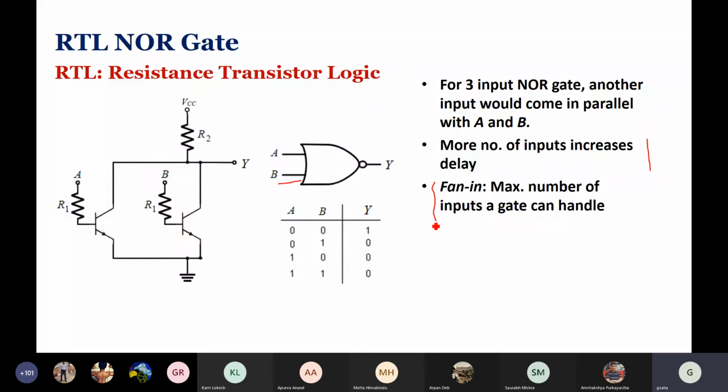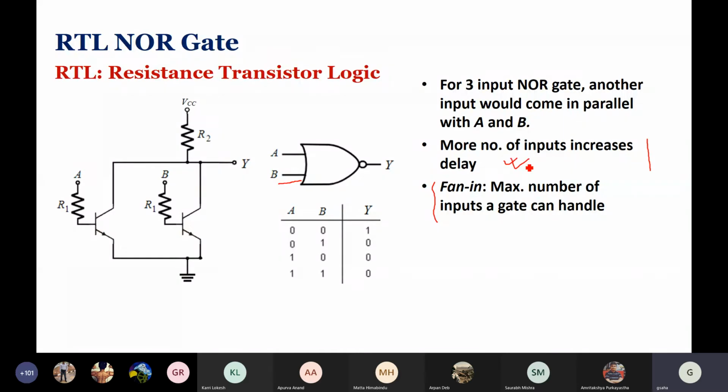That is the maximum number of inputs a gate can handle within the performance boundary that the customer or the user defines. So here 2, 3, 4 you can go on adding, but not infinity, because then there will be deterioration in the performance metric, which is not acceptable.